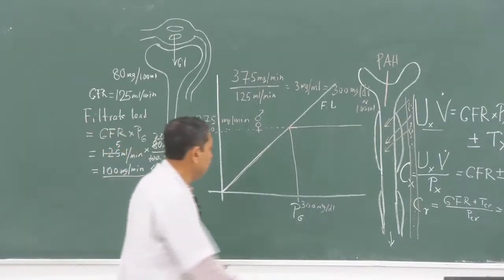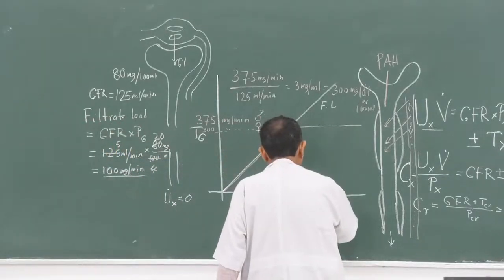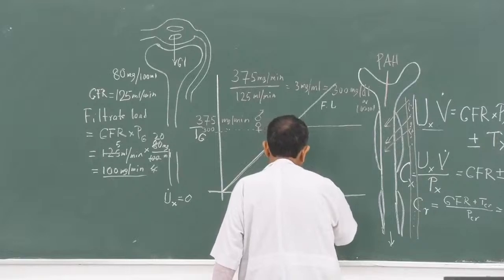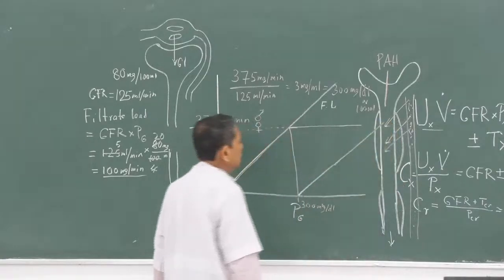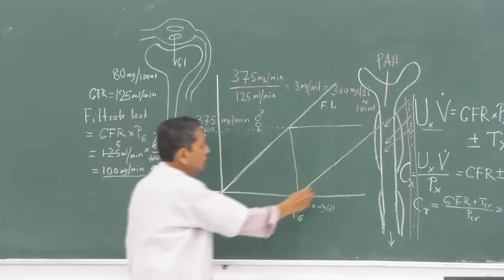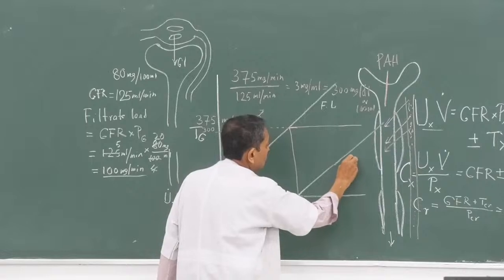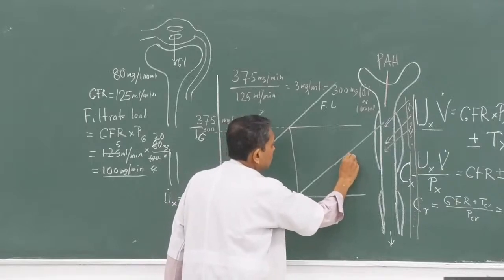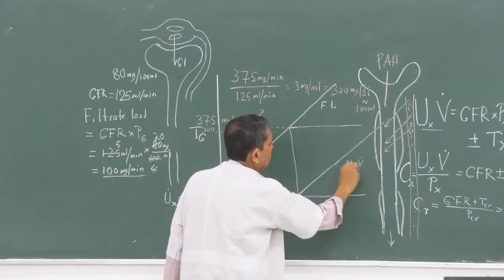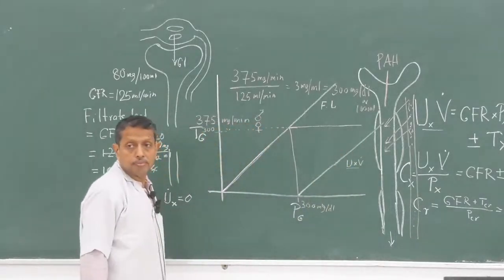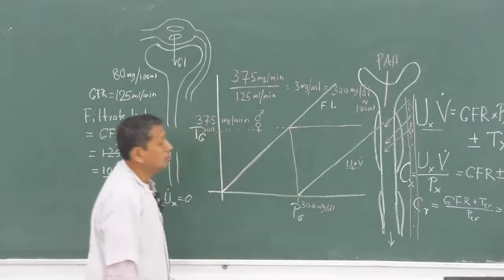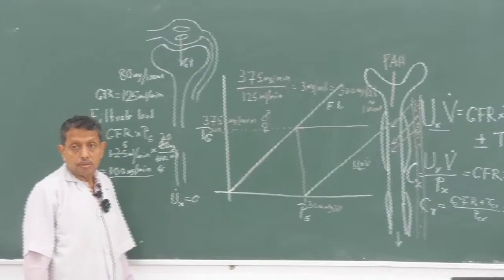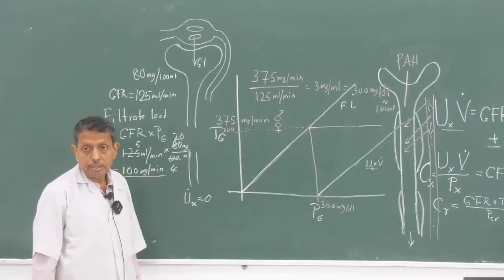This is the theoretical threshold, and in that case, it is the urine. And it should be the ideal curve in this case.